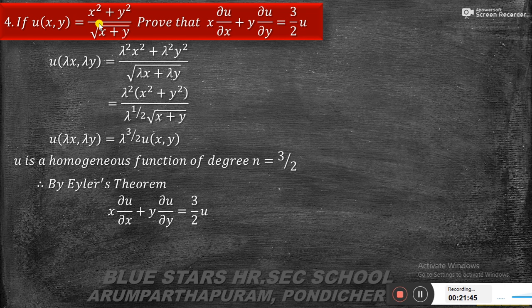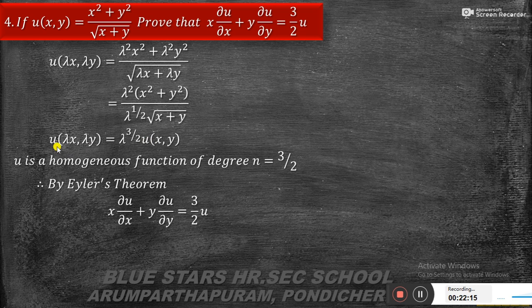So x square means lambda x whole square, so lambda square x square plus y means lambda y whole square, lambda square y square by square root of lambda x plus lambda y. So you see in the numerator lambda square is common in all the terms, so I take lambda square outside into x square plus y square by, next lambda, I take the lambda from the square root, so lambda power 1 by 2 into square root of x plus y.